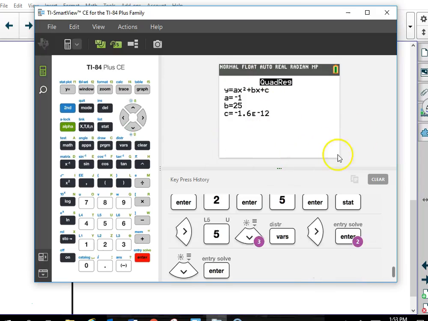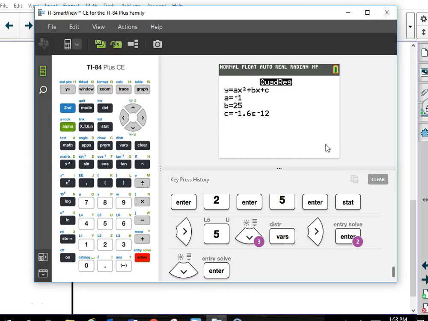And it's giving us our numbers for our quadratic. A is -1, B is 25, and C is a very large negative exponent. That's scientific notation, and that is equivalent to 0. And usually it will do that when it means 0 on the calculator, because it's calculating these numbers, and it can keep track using scientific notation to a great number of decimal points.